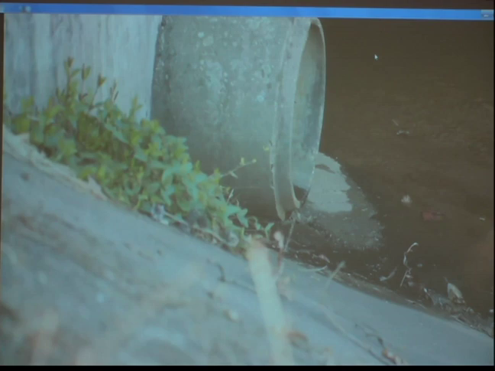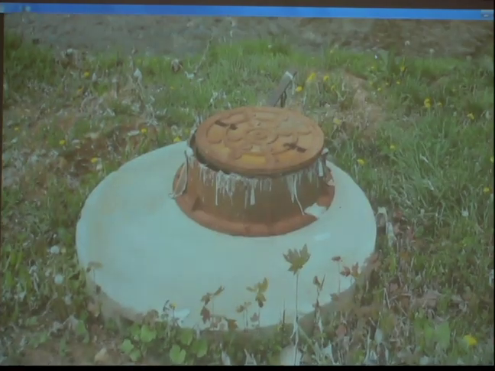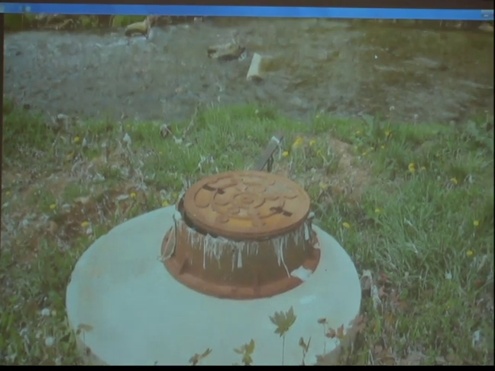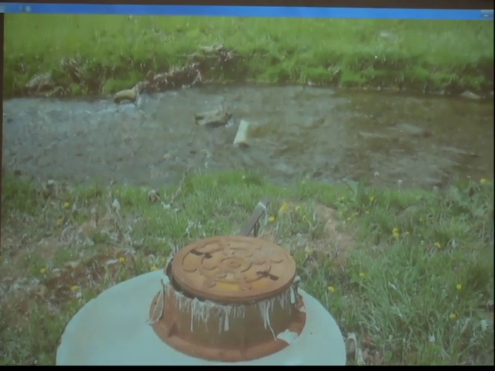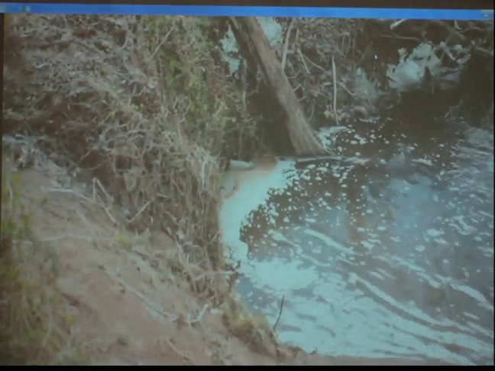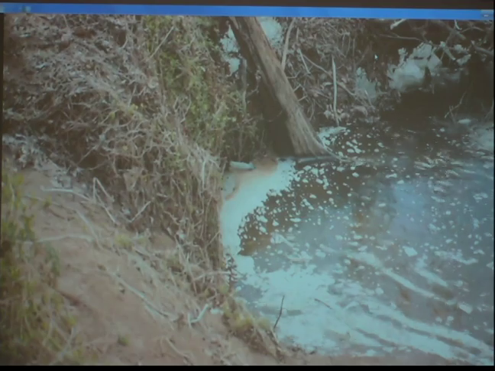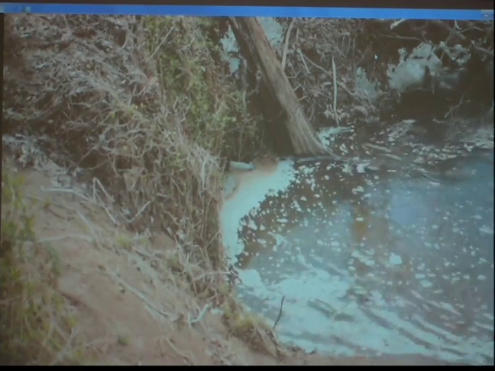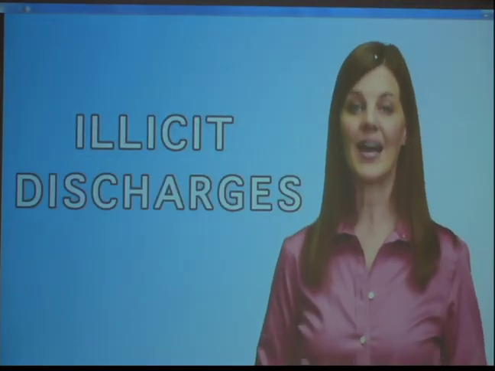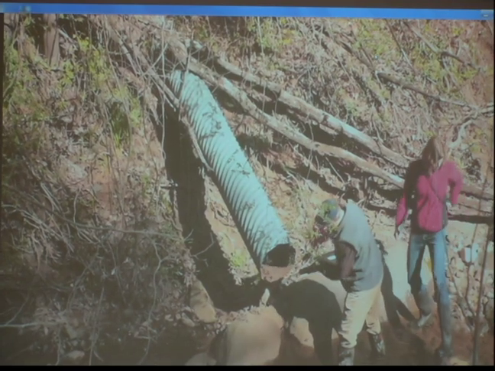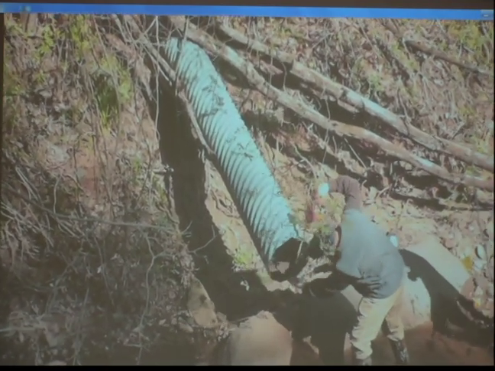Unnoticed and undetected, Some of these pipes carry sewage, detergents, bacteria-laden water, and even toxic chemicals, quietly polluting our streams, rivers, and lakes. These flows are known as illicit discharges, and IDDE is in the process of finding and fixing these hidden culprits.